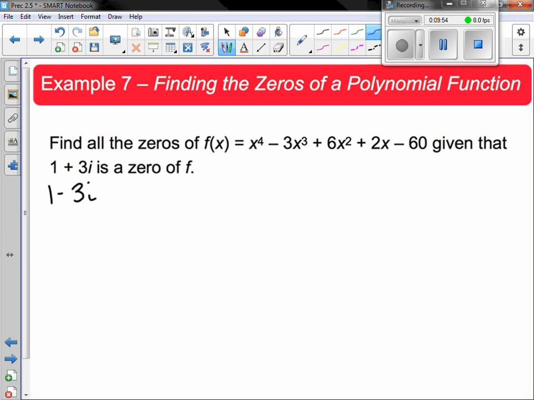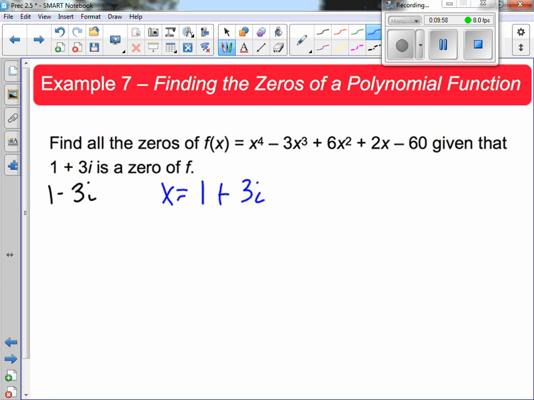Because what we're saying is x is equal to 1 plus 3i, yes? I'm also saying x is equal to 1 minus 3i, yes? If I move these over, I would subtract 1 for this one here and then subtract 3i. Yep. We good with that there?